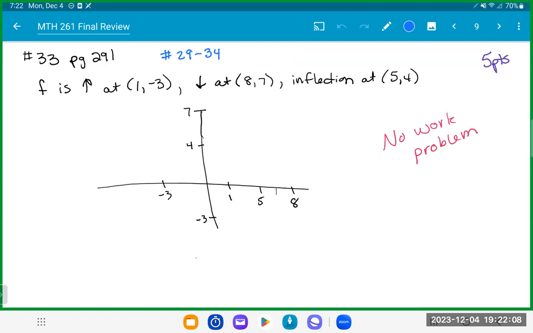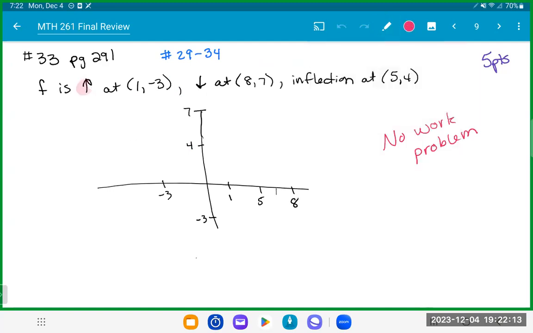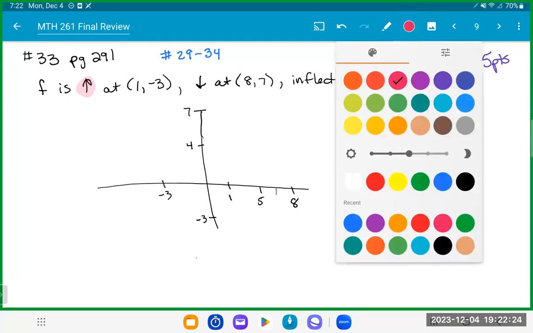So for this next problem, we want to know where the function is increasing, where the function is decreasing, and where we have an inflection point.